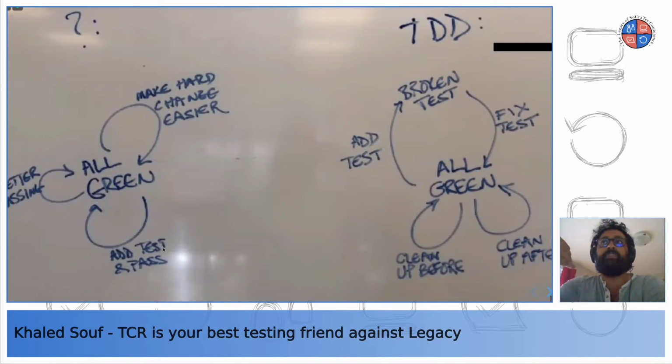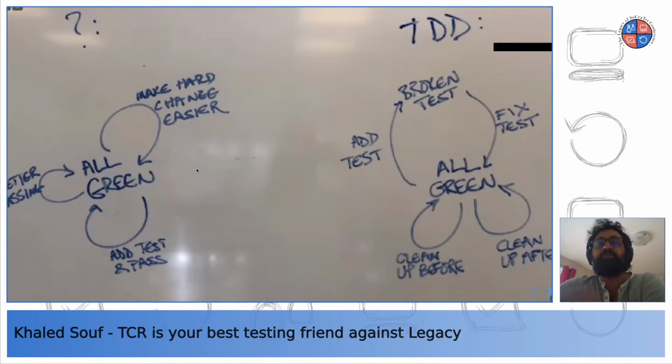When he adds a test, he always adds tests that pass. So when I'm talking about adding tests, it's not only adding tests, it's adding tests and just enough code to pass. And then from there, you go refactoring and make it better. At the same time, he was thinking about how to make the hard change easier.